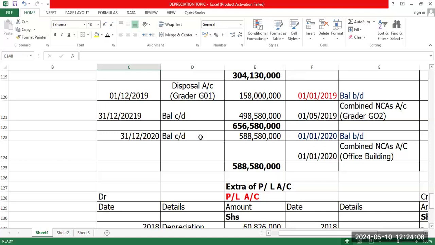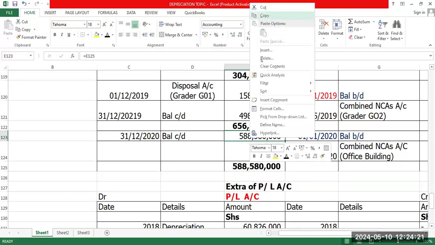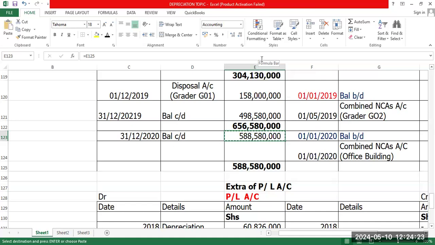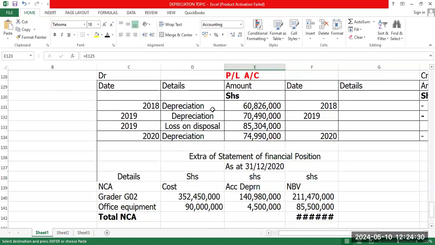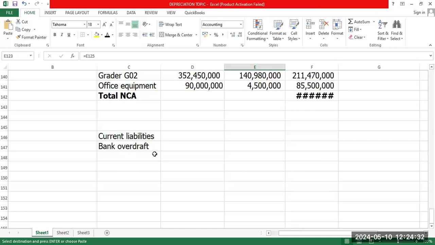We are closing this account with a credit balance. The moment you find that bank has a credit balance, that is bank overdraft, and that becomes a liability. But if it has a debit balance, that is your current asset. So you could just indicate the figure here. That's your extract.